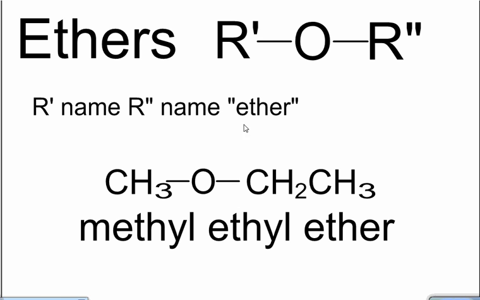So even if it has substituent groups, you would name those. And you would name the substituent groups and the name of carbon chain 2, and then end with the word ether. So for example, here I have a methyl group and an ethyl group, so this is methyl ethyl ether, although this should be alphabetical, so it should say ethyl methyl ether.